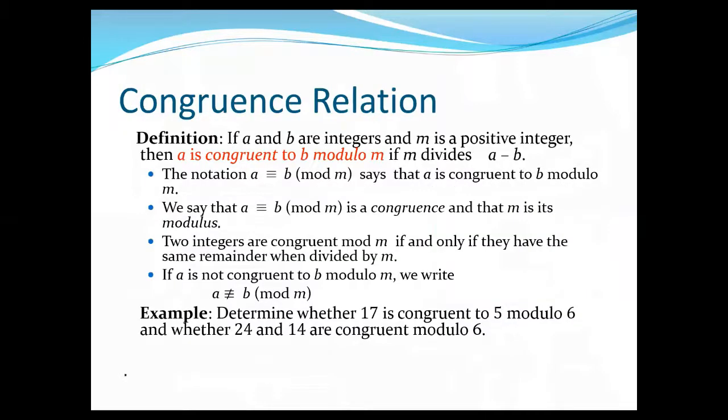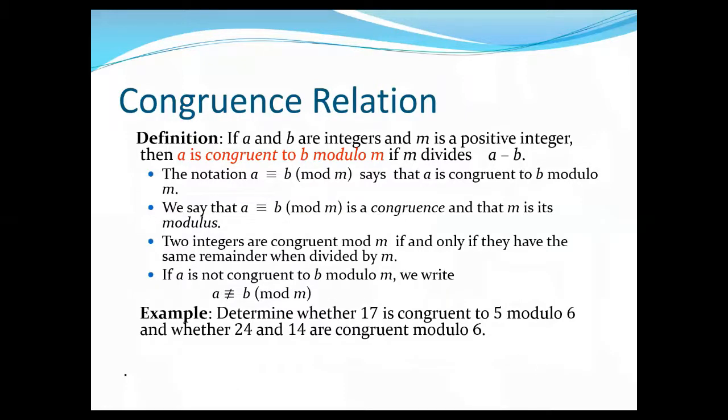Okay. Now, let's move on with congruence relation. So the definition: if a and b are integers and m is a positive integer, then a is congruent to b modulo m if m divides a minus b.